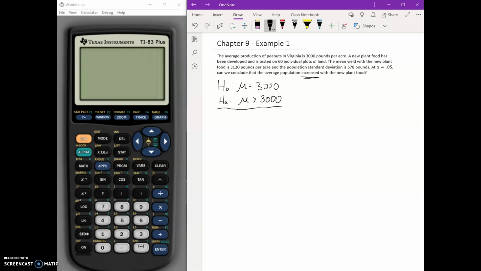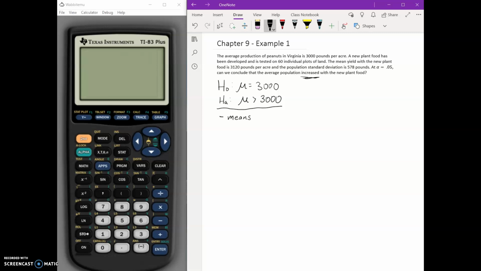Now, to help us figure out what type of test we are going to use with hypothesis testing, we're going to write down a few things that we notice. So one of the things that we notice is that we are working with means. So this is a test about means. Now, this is not one about, say, proportions or standard deviations.